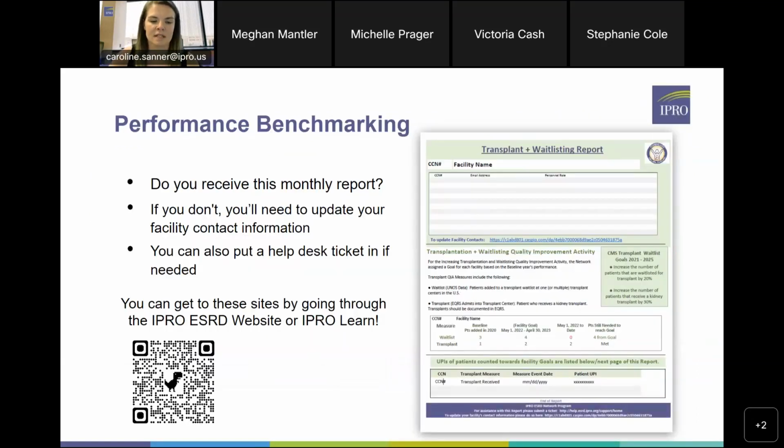So we at the facility do performance benchmarking. We send out these performance scorecards on a monthly basis, so you at the facility can see where you started and where you need to be by the end of the year, and we help track it for you. So if you orient yourself to the performance report cards that you receive every month, you'll be able to know how many wait lists and how many transplants your facility has gotten credit for, and you can keep track of your progress that way.